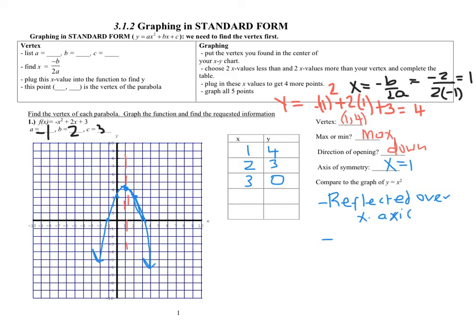What else can I see from this graph? Remember, I know that the stretch is the same width because the absolute value of a is 1.